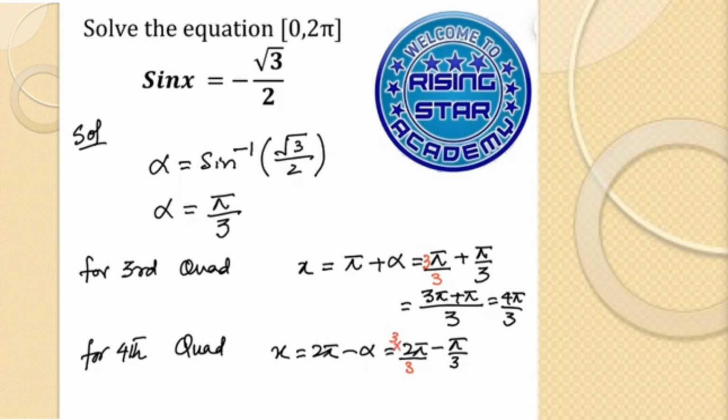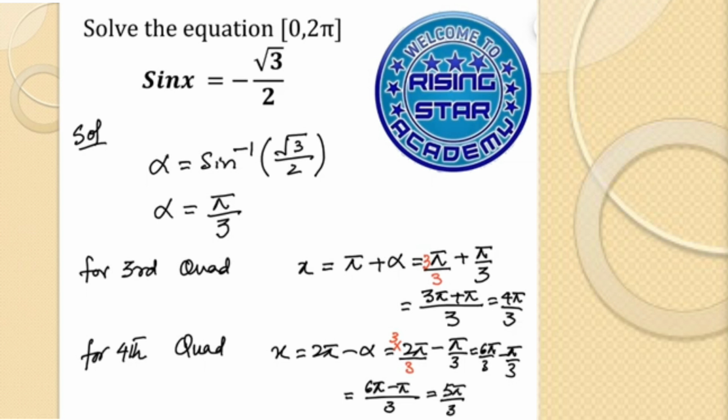Now it will come 6 pi over 3 minus pi over 3. So 3 would be the LCM. 6 pi minus pi, the answer is 5 pi by 3.